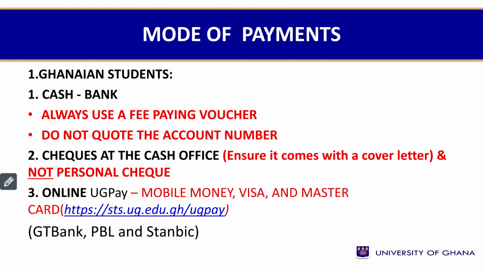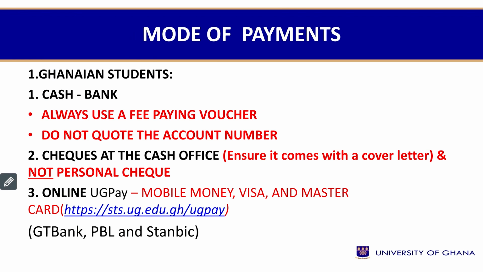Mode of payments. We have about 4 modes of payments. One is cash, which is paid through the bank. Make sure you always use the fee paying voucher and not the cash deposit slip. Do not quote the account number onto the fee paying voucher in case you have the account number.